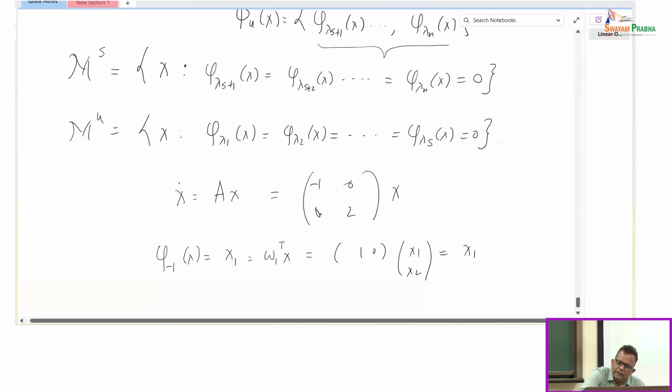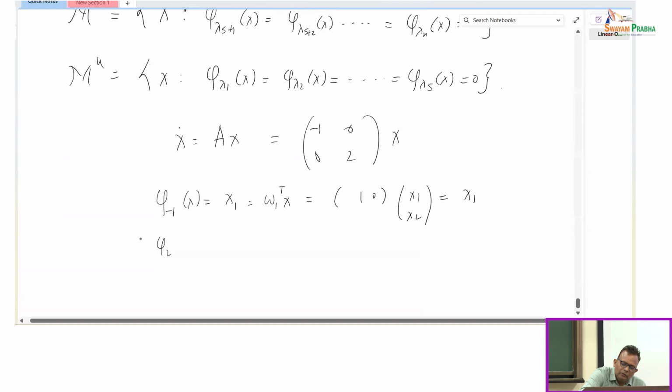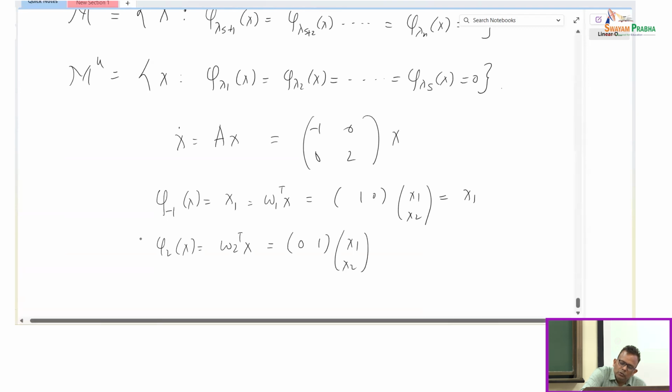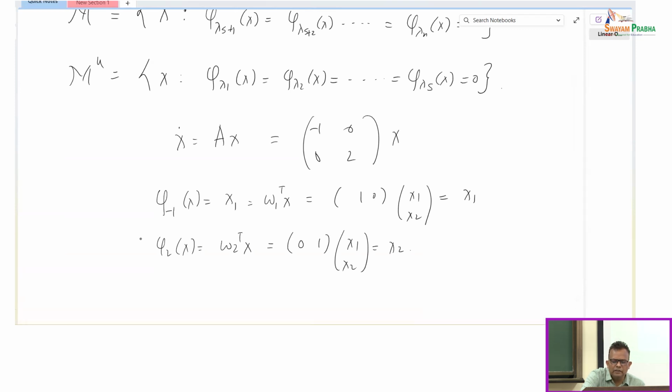Now what will be phi 2 of x? It will be W2 transpose x, which is 0, 1 times x1, x2, which is x2. So the eigenfunction corresponding to minus 1 is x1, and the eigenfunction corresponding to plus 2 is x2.